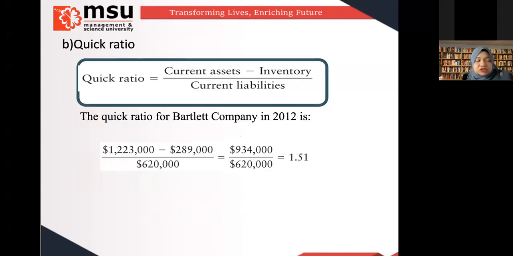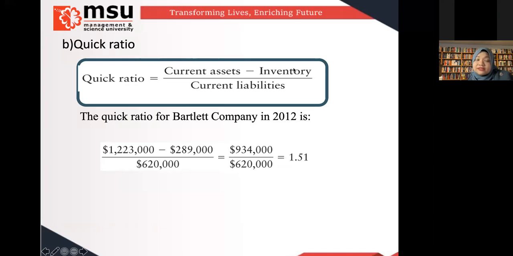The second liquidity ratio is the quick ratio. In the quick ratio, we want to see the ability of the company if it does not depend on inventory. Is the company still good enough if it does not depend on inventory? The formula is current assets minus inventory, divided by current liabilities.